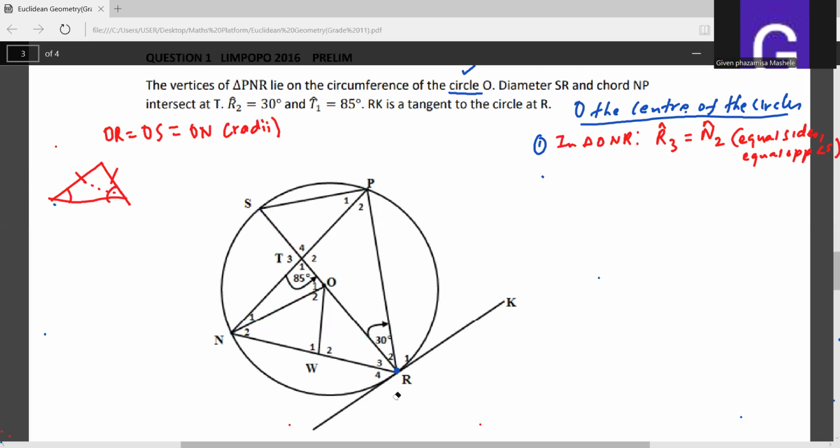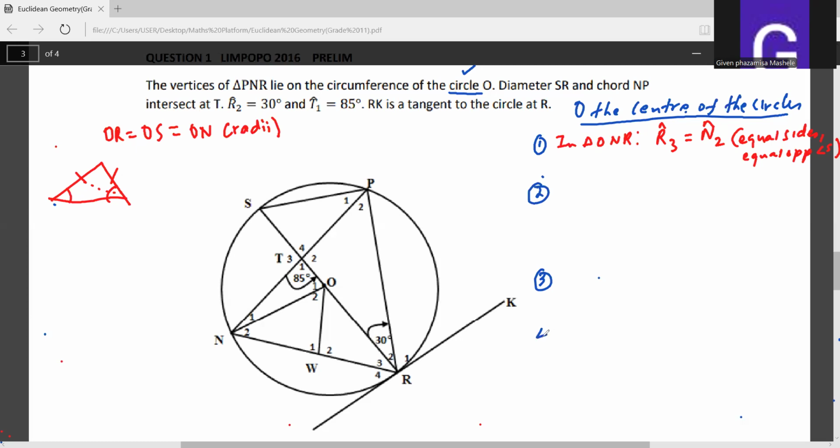I want us to follow whatever I said. Number 2, we need to look for the angle at the center theorem. Then after the angle at the center theorem, we'll look at the angle subtended by diameter.